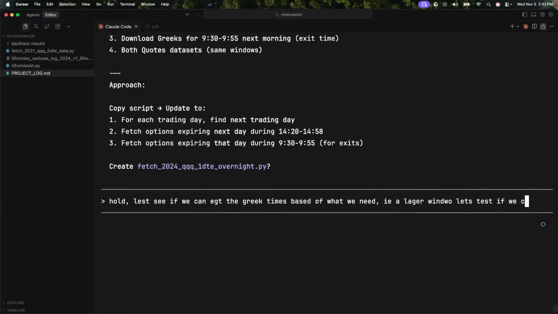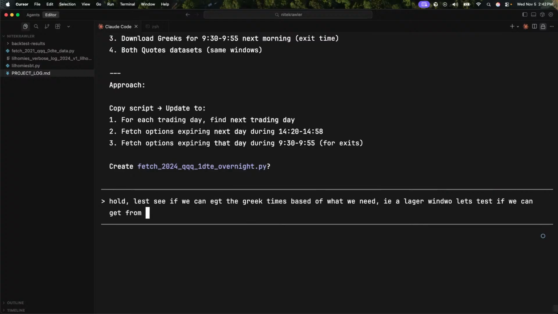Let's test if we can get from 1:30 p.m. to 4 p.m. For what we need here. Make it noon. So you get the afternoon session from noon to 4 p.m. so we can have options to test different ranges.